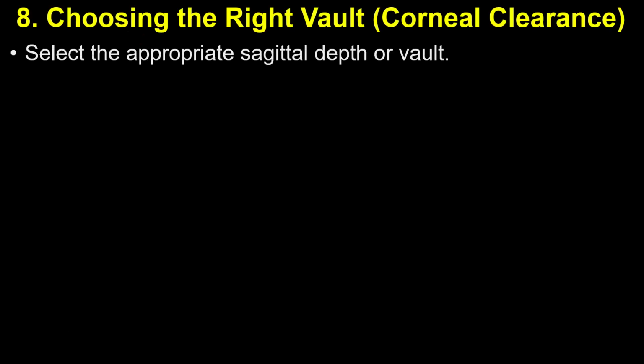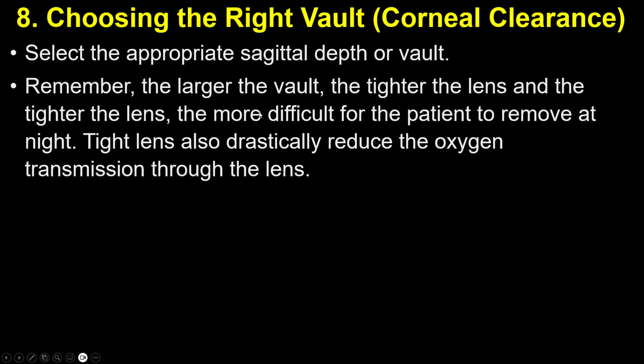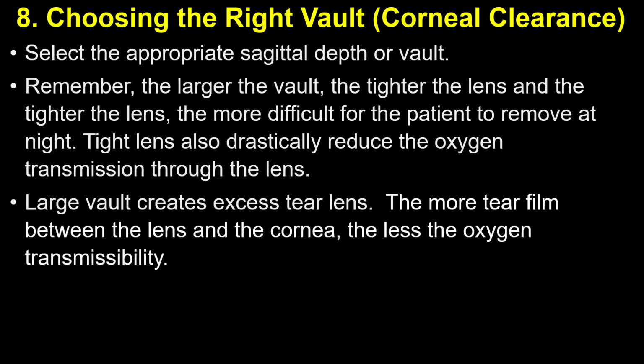So choosing the right clearance, or selecting the appropriate sagittal height, is important. That is the most important parameter you need, because it gives you an idea of how much clearance, how much space you have between the lens and the cornea. A large vault creates excess tear lens.